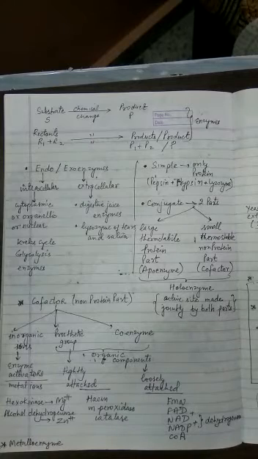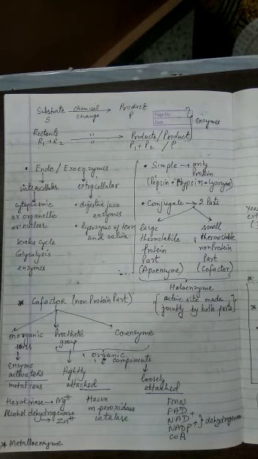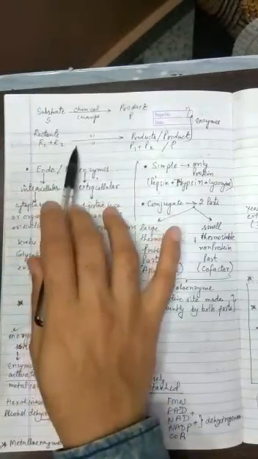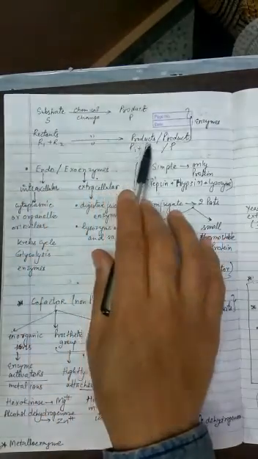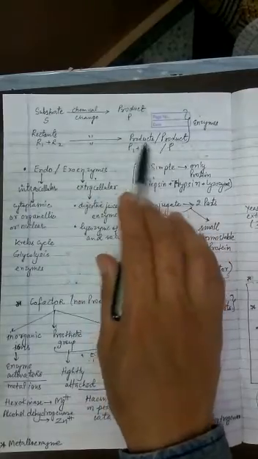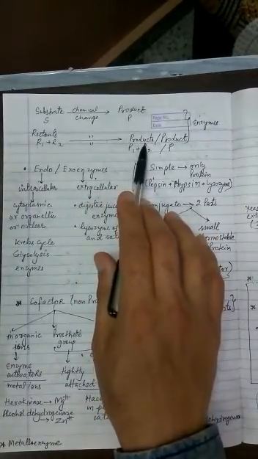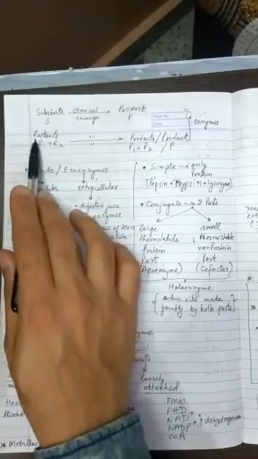Enzymes always act upon either the substrate or the reactant. Now, be clear with the concept of when to use reactant and when to use substrate. When there is a single type of biomolecule which is converted into another product, you call such molecules the substrate. But when there are two molecules reacting together in the presence of an enzyme, undergoing change to form one product or maybe two products, then you call those molecules reactants.